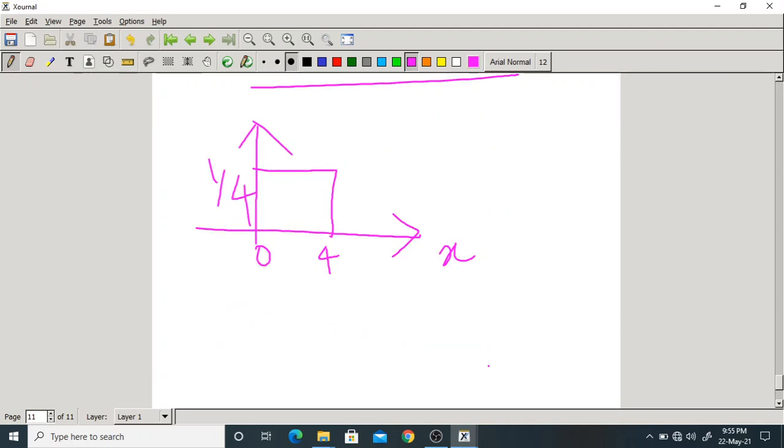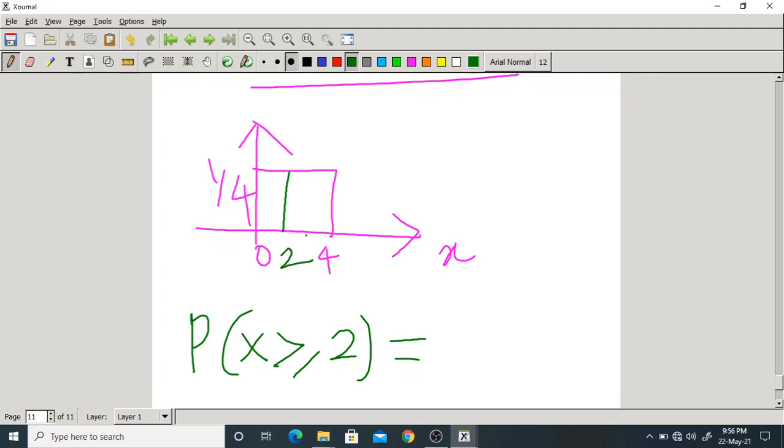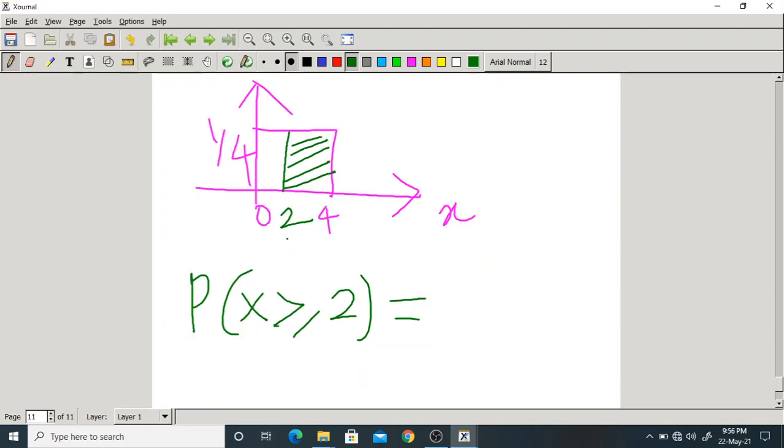Now suppose I ask you the probability that x is greater than or equal to 2. What is this equal to? How to calculate? Simple. Greater than or equal to 2 means this area. How much is this area? This is a rectangle, height is 1 by 4, width is 2. What is the answer? 2 by 4, that is 0.5.